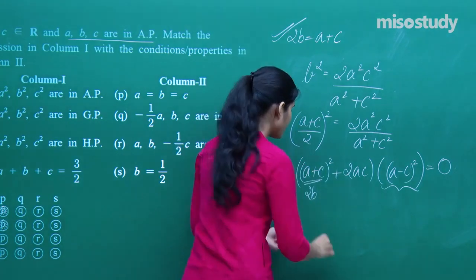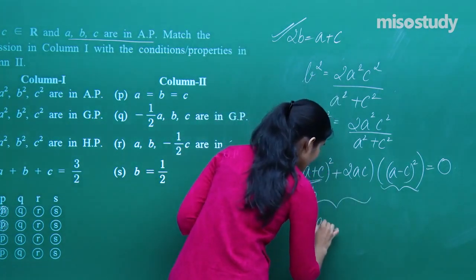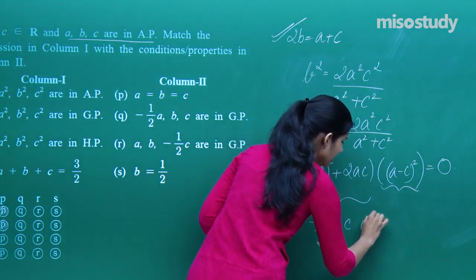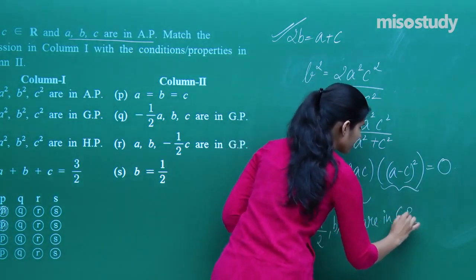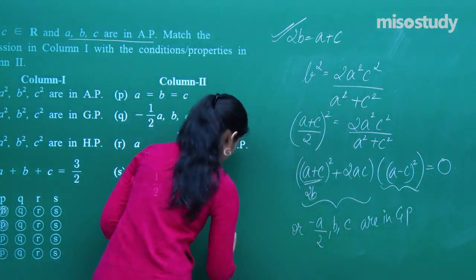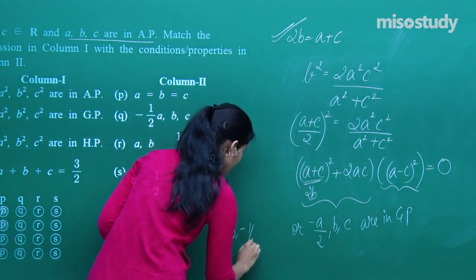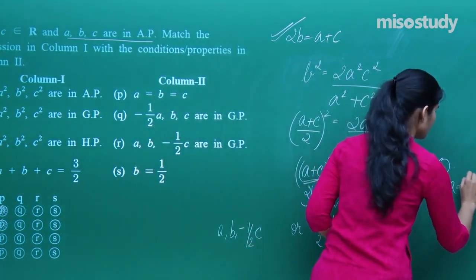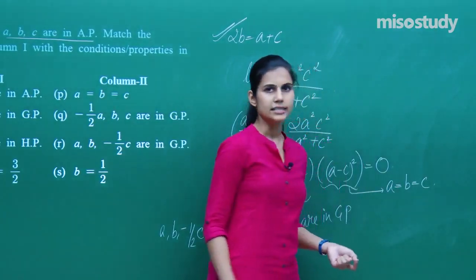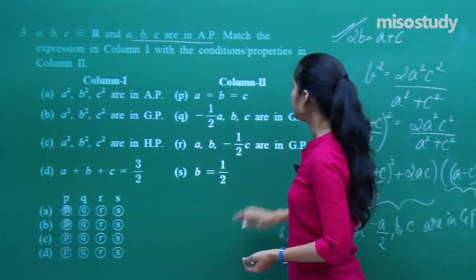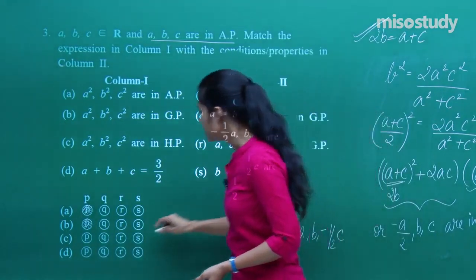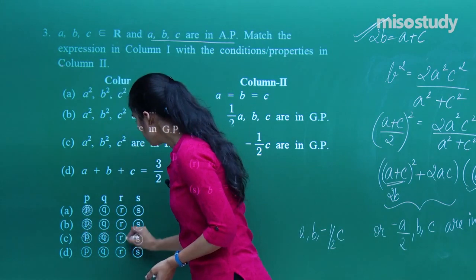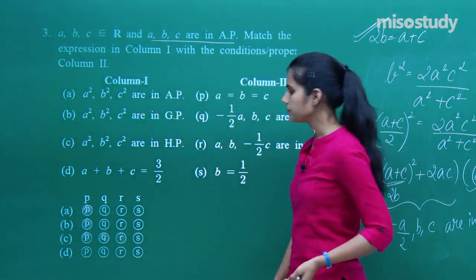So you are going to get that A, B and minus 1 by 2 C are in GP, or minus 1 by 2 A, B, C are in GP, and from here you are going to get that A equals B equals C. So corresponding to option C, P, Q, R, all three are going to be shaded. P also, Q also, and R also.